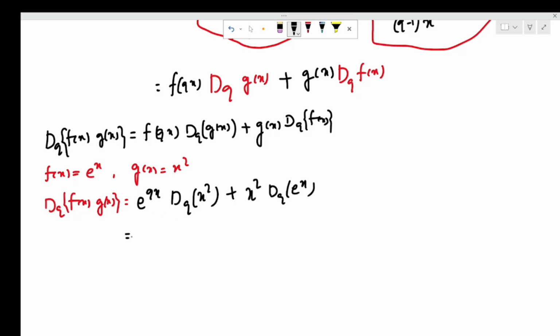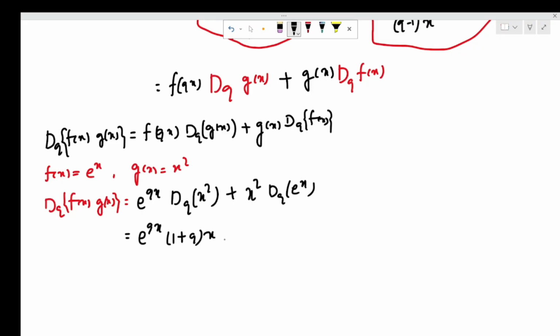Now, if you refer to my previous lecture, there we found the quantum derivatives of standard functions, where you can get the quantum derivative of x square and of e to the power x. If we use that, what answer do we get? e to the power qx, and the quantum derivative of x square will be (1 plus q) into x.